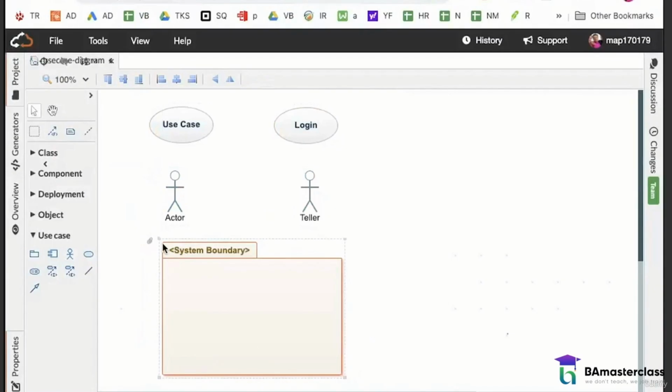I don't want you to put the top rectangle, it's only a rectangle down here. You write down the name of the boundary on the top, and I'll explain what a boundary means. So a use case diagram has three elements: the first is a use case, represented with an oval; the second is an actor, such as a teller, represented like this; and the third is a system boundary.